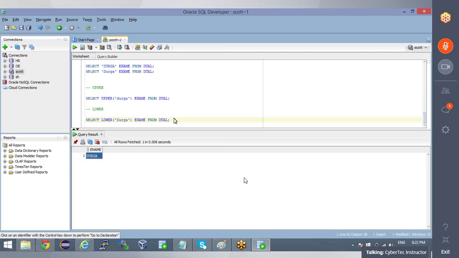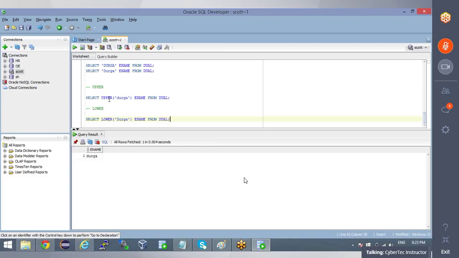When I say lower, the entire string would be converted into lower case, including the first alphabet also. So the upper function would generate the output in upper case, and the lower function would generate the value in lower case.